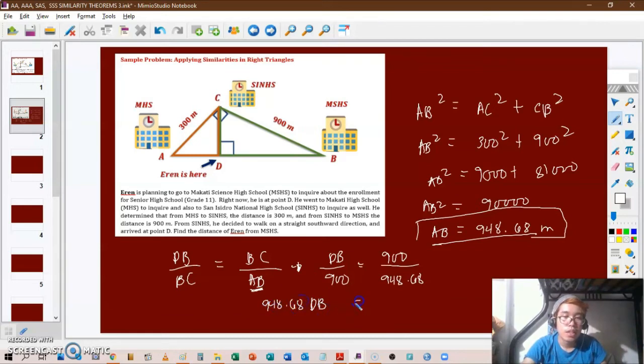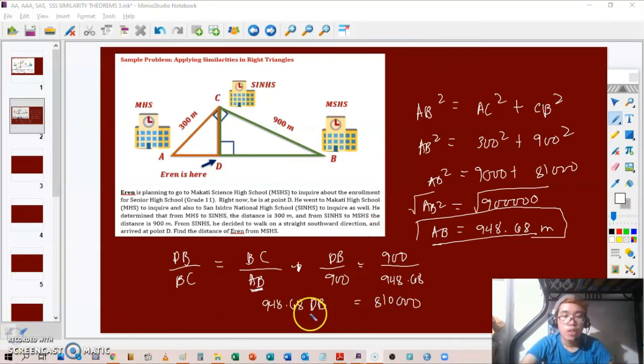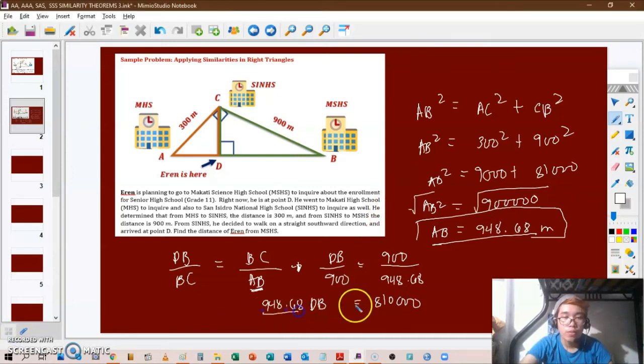So 948.68 times DB is equal to 900 squared, which gives you 810,000. If we divide both sides by 948.68, the value of AB, we're going to be left with DB, which is what we want.